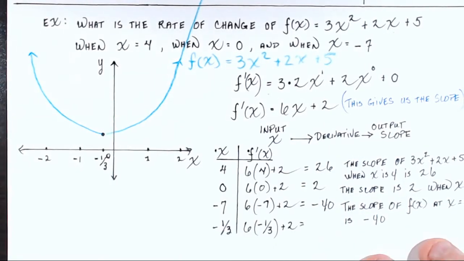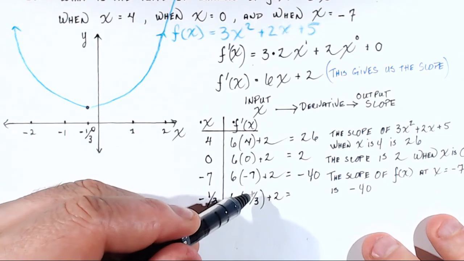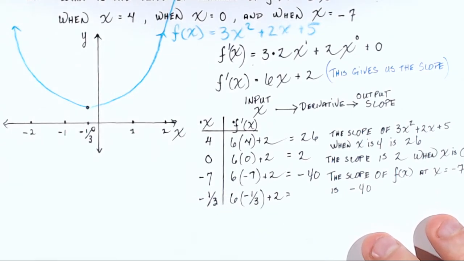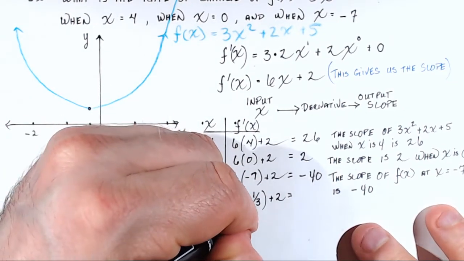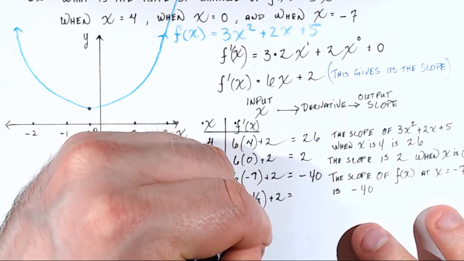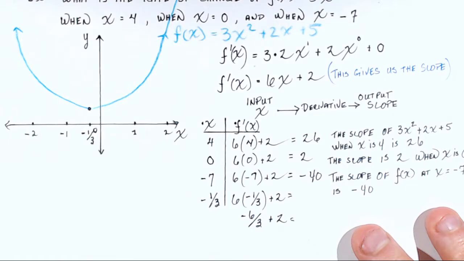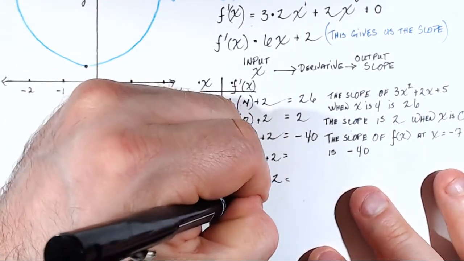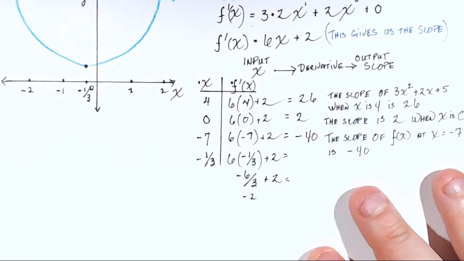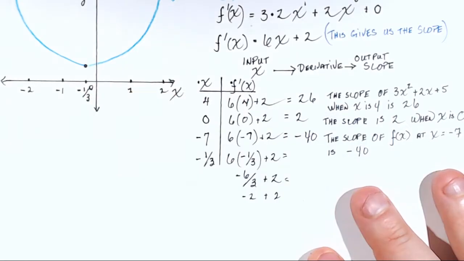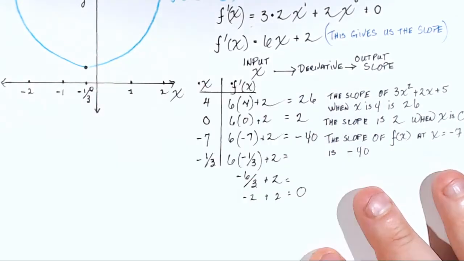6 times -1/3 plus 2. Well, let's think about this. I've got -6/3 plus 2. Well, -6 divided by 3 is -2. So I got -2 plus 2. -2 plus 2 equals 0.